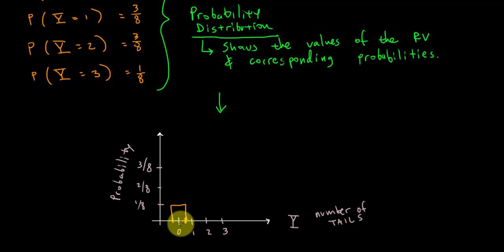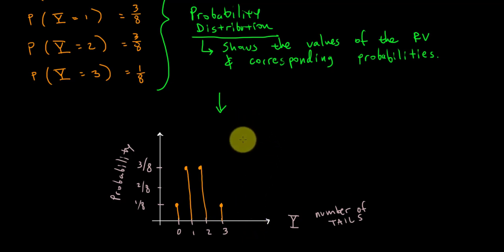They're discrete. So sometimes you'll just put a line on those discrete values. So I'm putting a vertical line that's extending up to 3/8 there. 3/8 for 2 tails, and 1/8 for 3 tails.